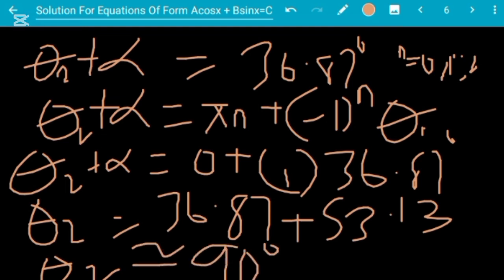By approximating it, we get 90 degrees, because it's not actually exactly 90 degrees.